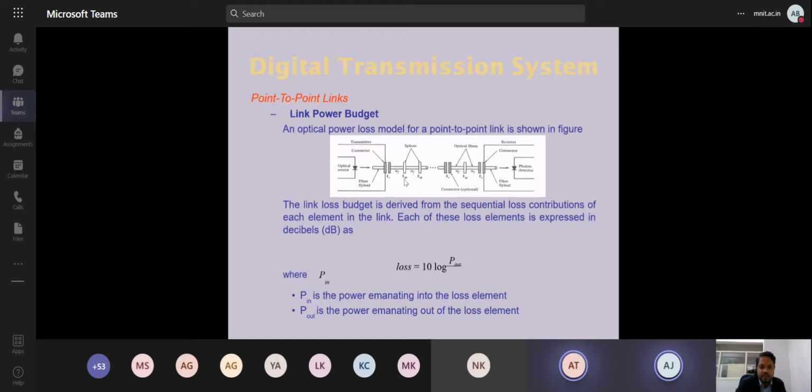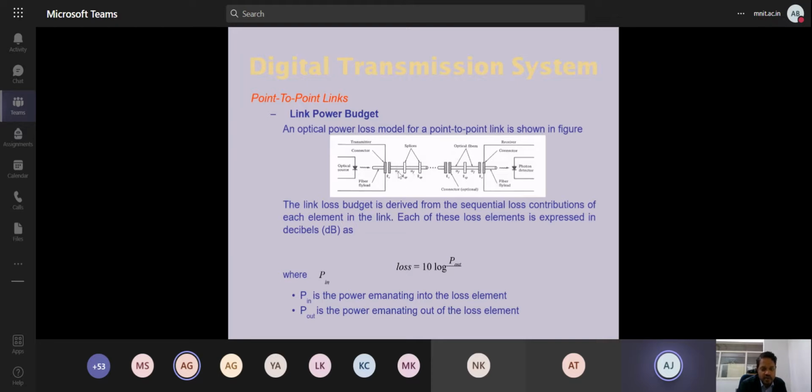The loss element here refers to the entire fiber, or it can even be a single component along the fiber. Like if you have a splice, it is a loss element. So what is the output power after the splice, and what is the input power?